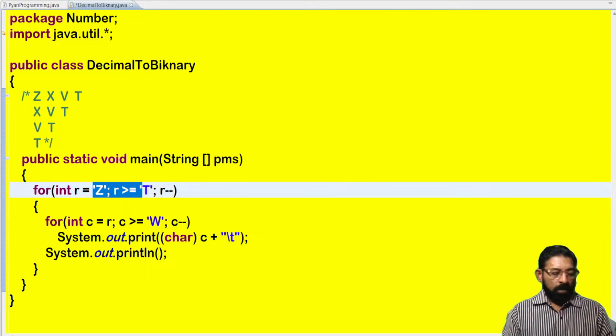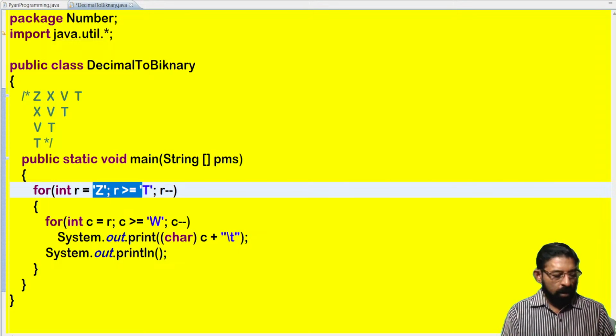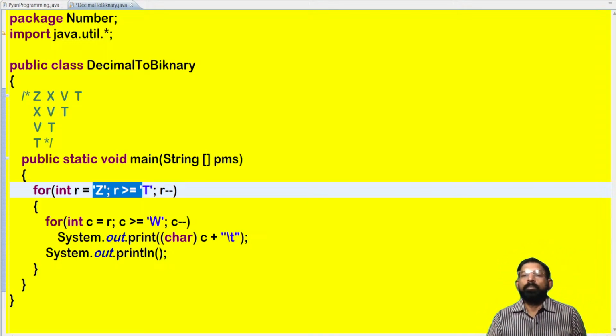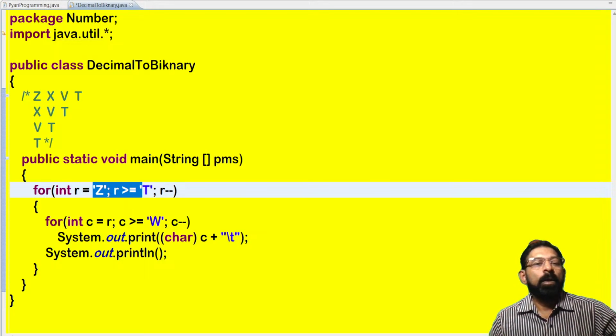So is it R minus minus? Next question, is it R minus minus? Yes, the condition is over.